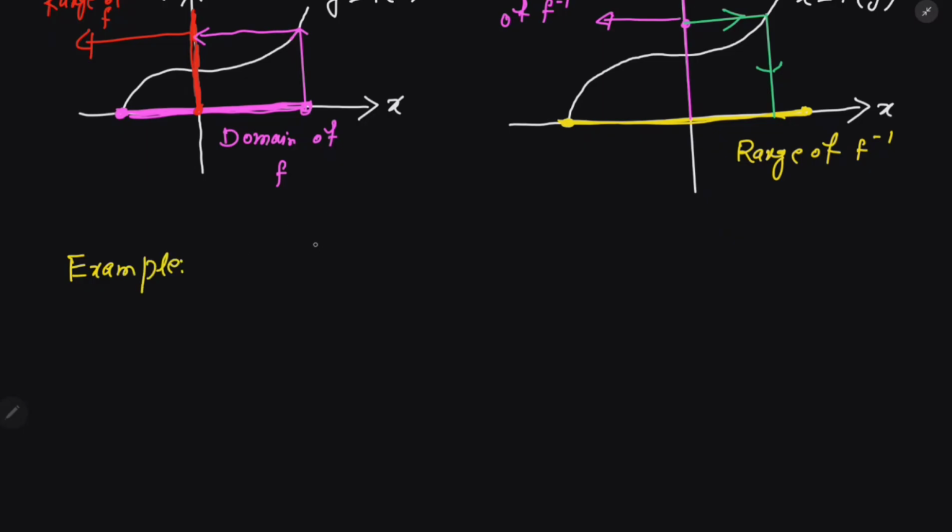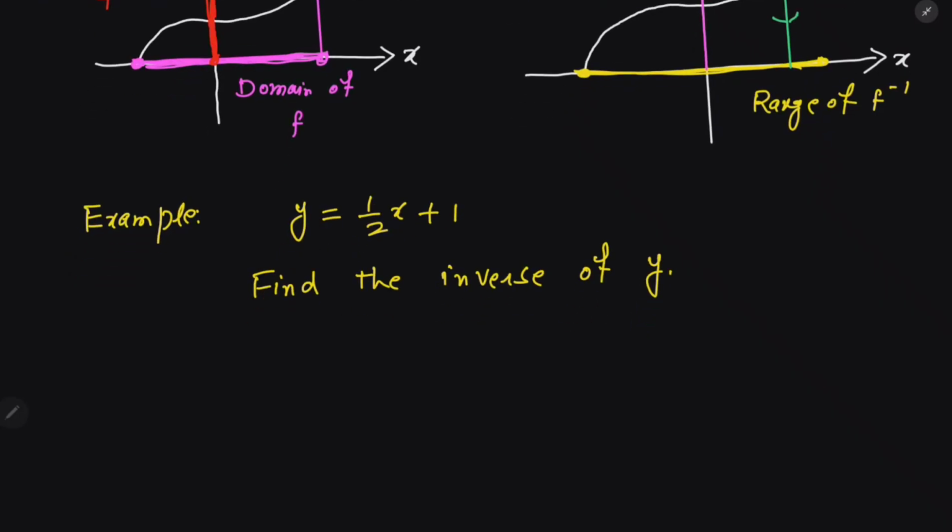Okay, let me go to another example. Suppose we have y is equal to 1 by 2 x plus 1. The question is, find the inverse of y. The procedure is the same.